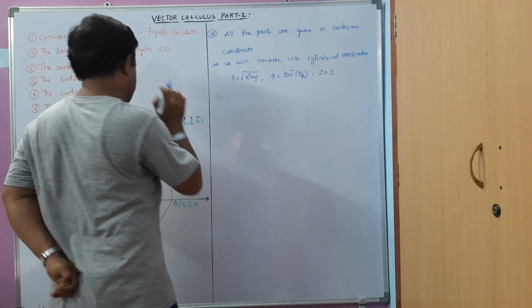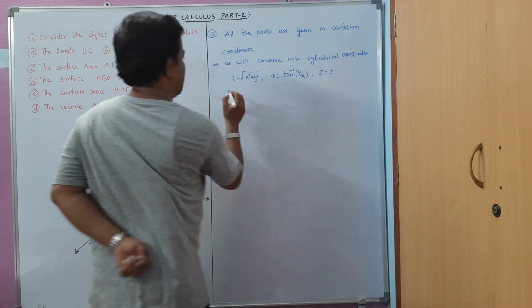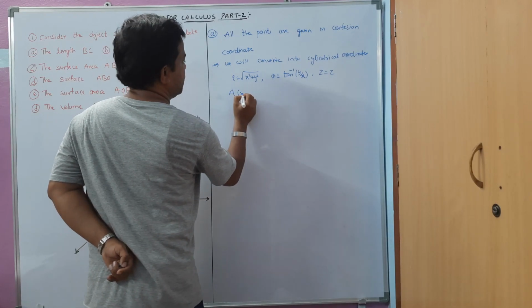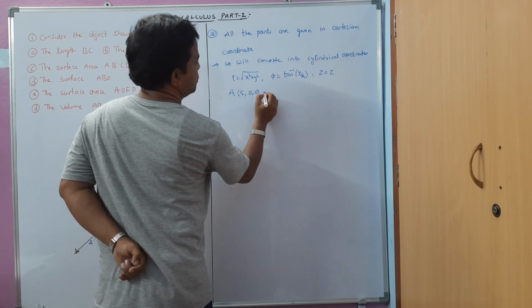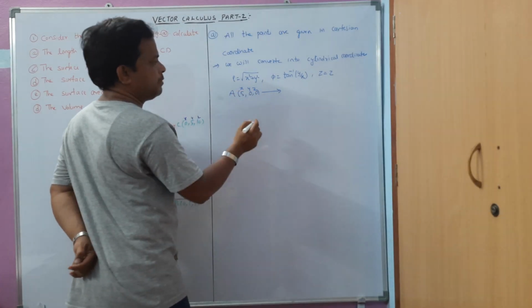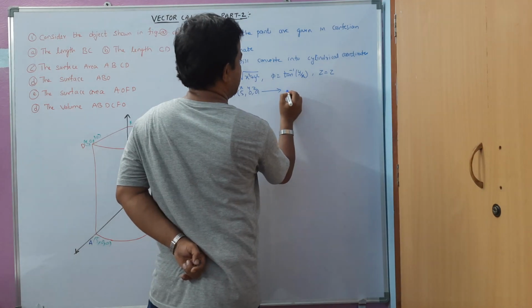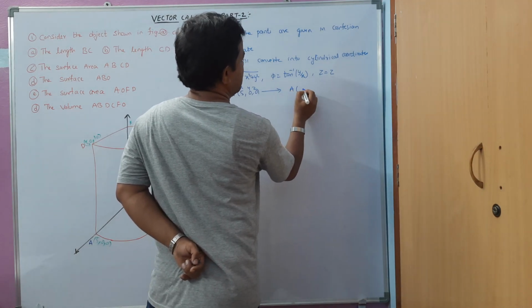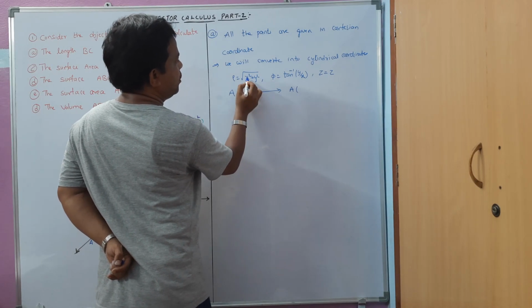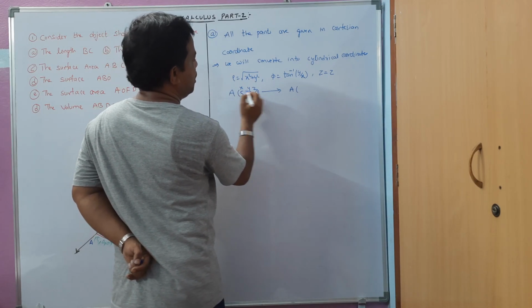Now let us take the point A here. A has been given as 5, 0, 0. These are the xyz values, and now we have to convert that point into cylindrical, that is rho, phi, z. What will be the rho value here? Square root of x square plus y square, so it will become 5 only.